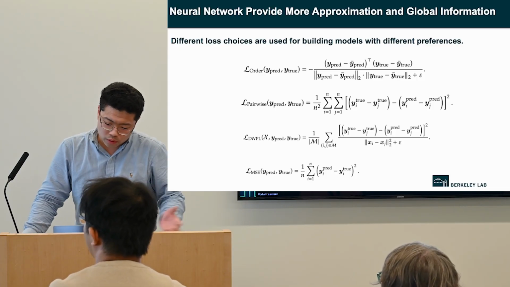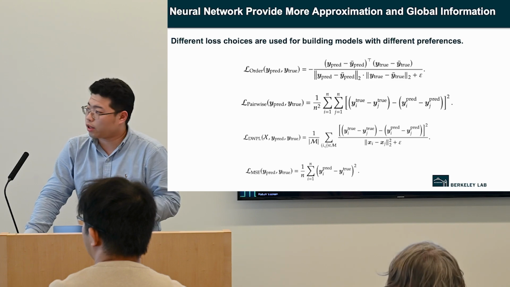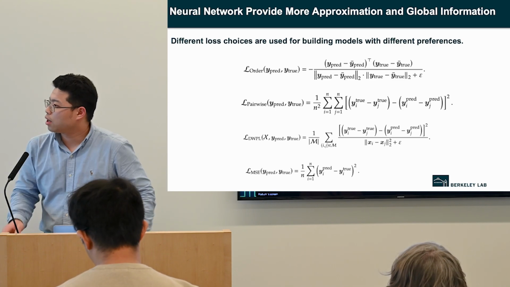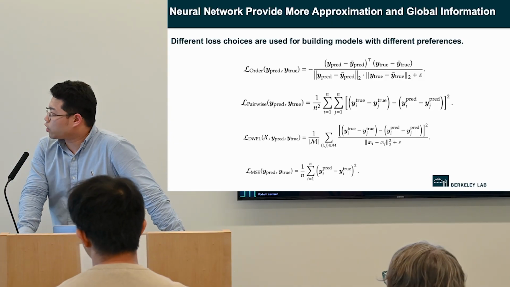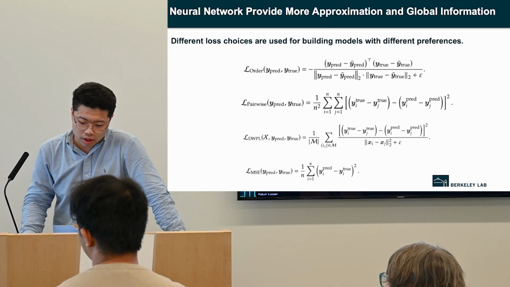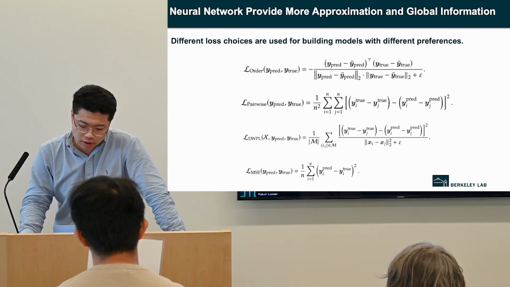In addition to only using the quadratic model, we introduce some neural network models, because we think more freedom in the coefficients of the neural network can provide better approximation, and global information can help us.